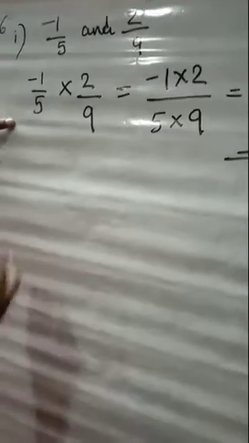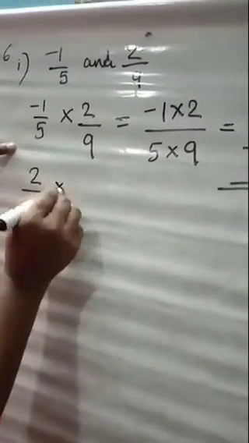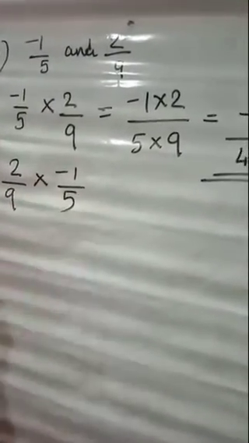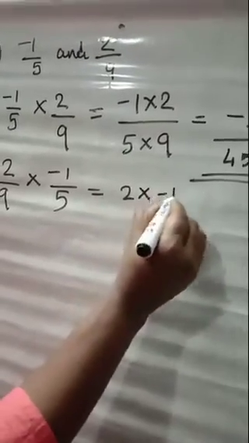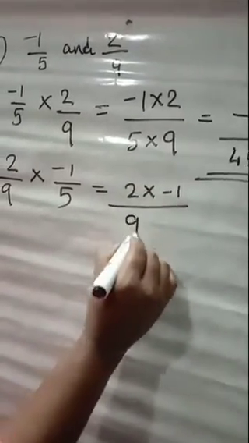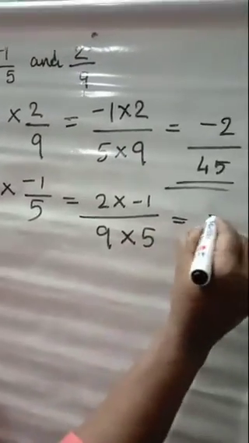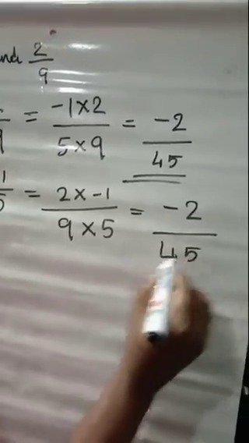Again, what to check? 2 by 9, change the order. 2 by 9 you write first. 2 by 9 into minus 1 by 5 is equal to numerator into numerator by denominator into denominator. 2 into minus 1 is minus 2, 9 5s are 45.